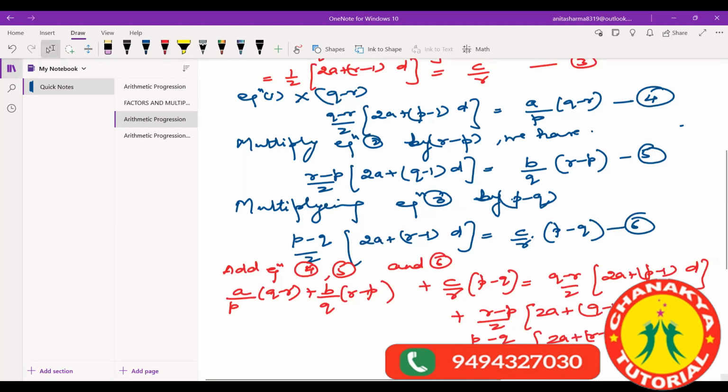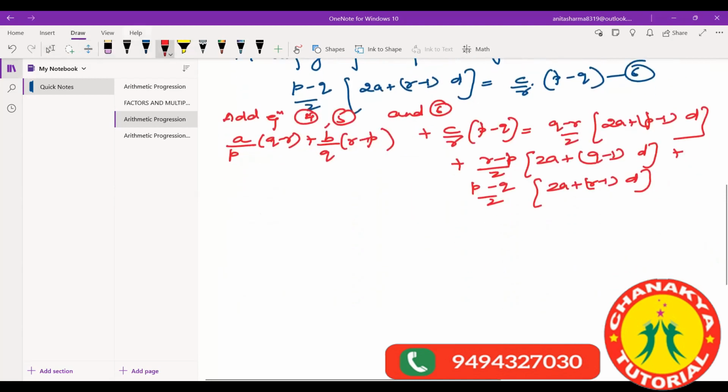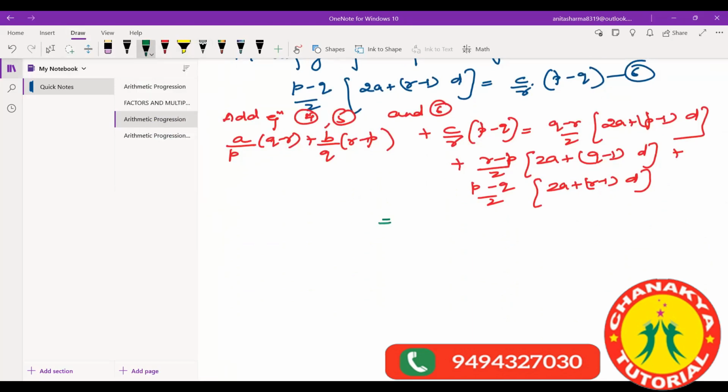Now your next step will be you will multiply, beta. Now solve left hand side. So multiply 2A into (Q minus R) plus (Q minus R) into (P minus 1) into D, divided by 2. Right, beta?